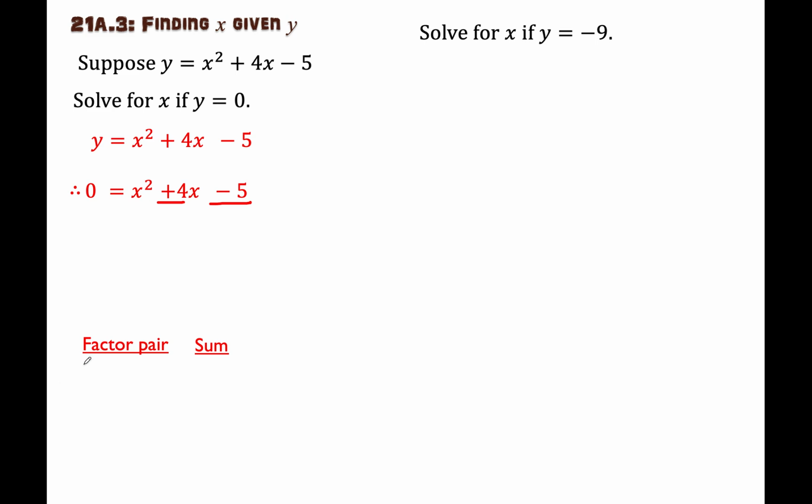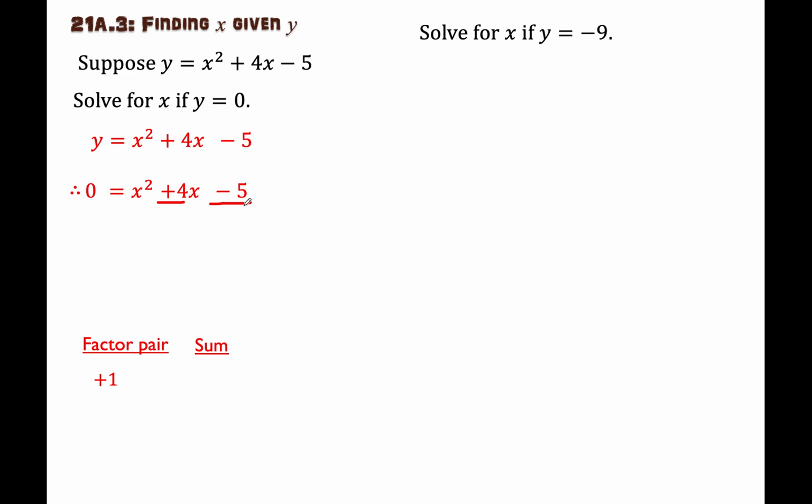Let's make a list of factor pairs and their sum. I always like to start with positive 1. That's a nice place to start because 1 goes into everything. And you're looking for numbers that multiply to give this product of minus 5. Okay. 1 times something is minus 5.